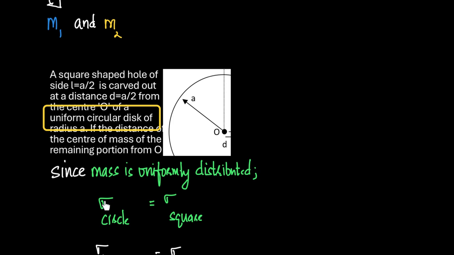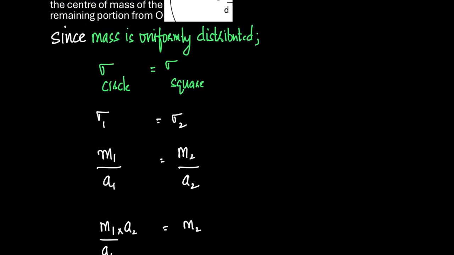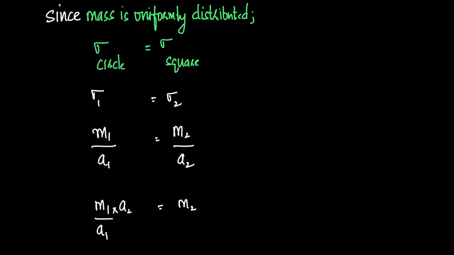It means the mass density of the circle should be equal to the mass density of the square. Say it is sigma 1 for the circle and sigma 2 for the square. Mass density is mass by area, so M1 by A1 should be equal to M2 by A2. From this expression, M2 is M1 by A1 into A2.